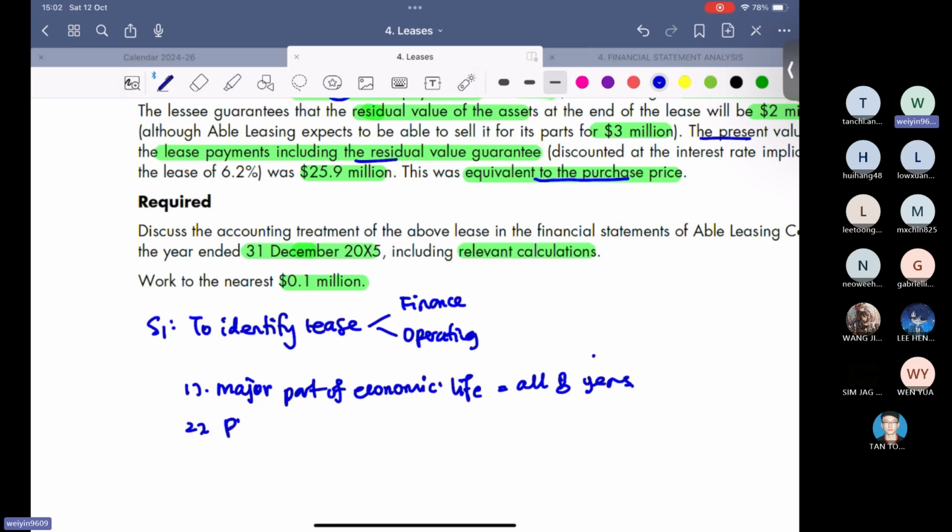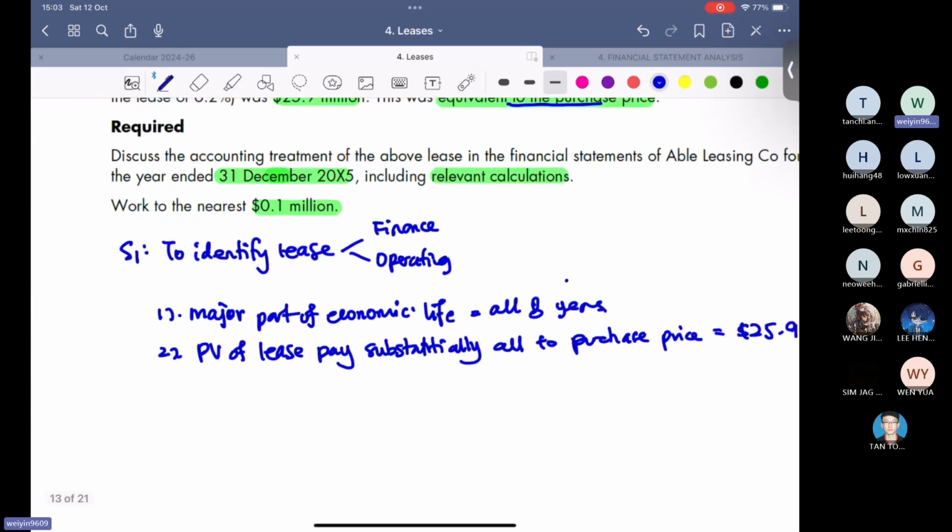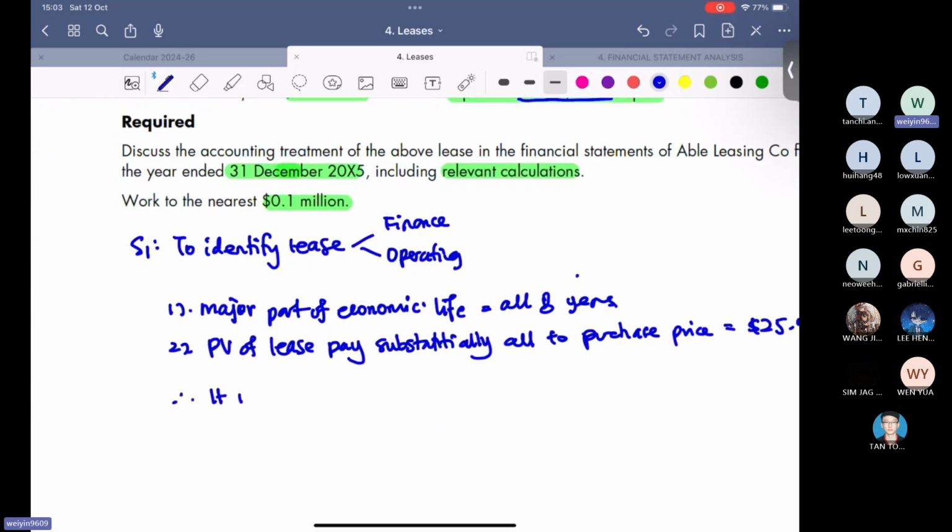So PV of lease payment is substantially all of the purchase price, 25.9 million. Therefore, conclusion, it is a finance lease.